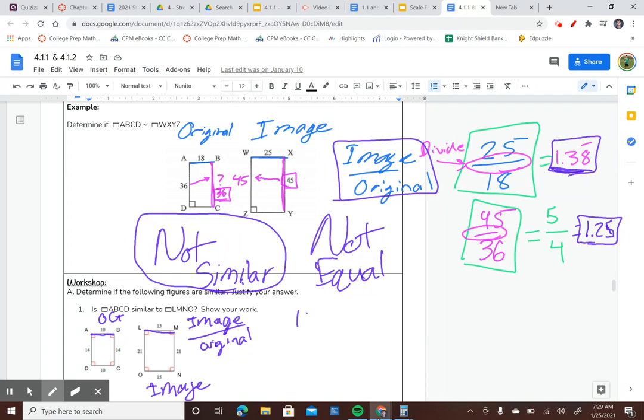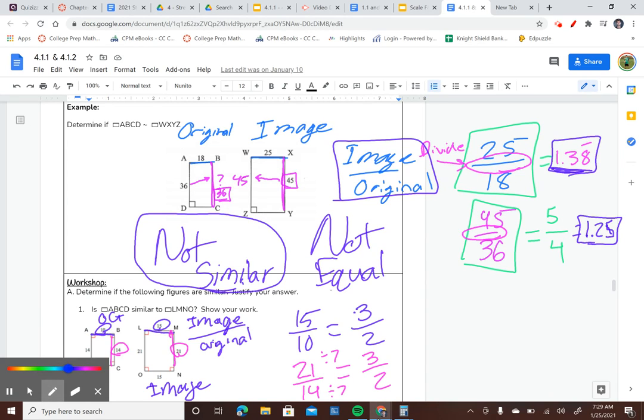So I'm going to write it as 15 over 10. 15 corresponds with 10, and that would reduce to 3 over 2 if we divide both by 5. And then if we look at 21 over 14, right, MN over BC, it's going to be 21 over 14, and that's going to be equal to 3 over 2 as well if we were to divide both by 7.